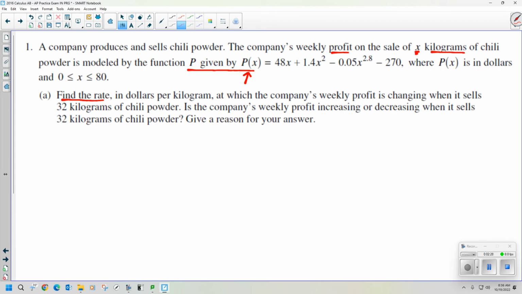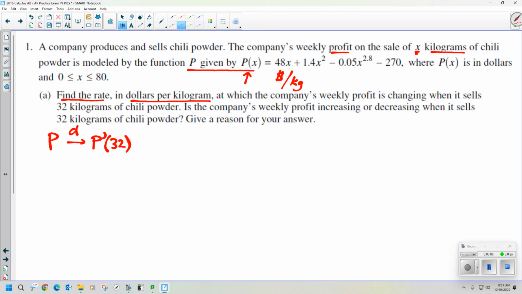So they want the rate in dollars per kilogram, which means if I have P and I want the rates, that's one derivative away. So I'm going to find the derivative of P of X for that first statement when they tell us to find the rate in dollars per kilogram when it sells 32 kilograms. So I'm only going to find this at 32. And don't forget, we get to use a calculator for problems 1 and 2. So I am definitely going to use the calculator for this one.